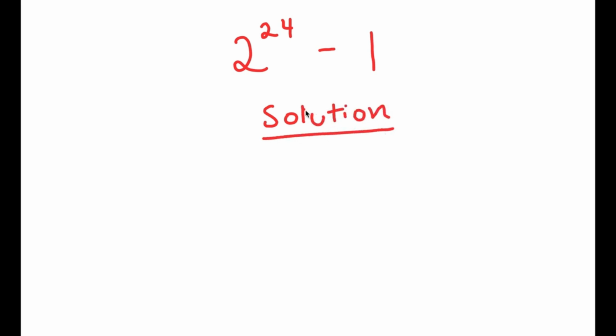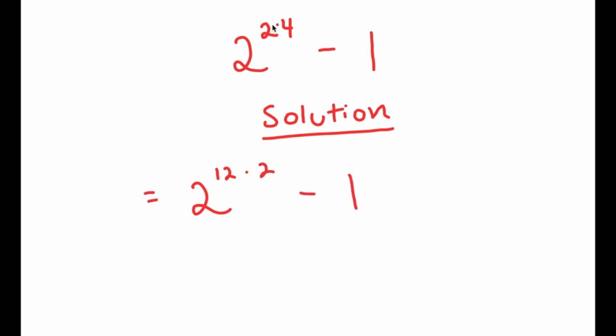Alright, so in this video, I'm going to be solving the problem 2 to the power of 24 minus 1. So, for my solution, what I'm first going to do is rewrite this as 2 to the power of 12 times 2 minus 1.